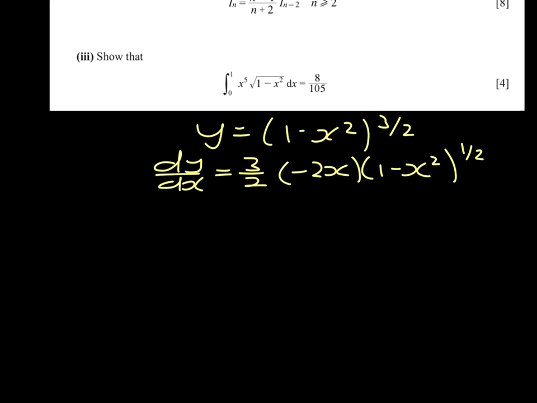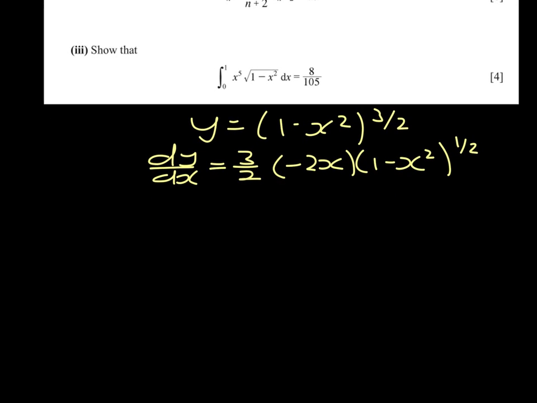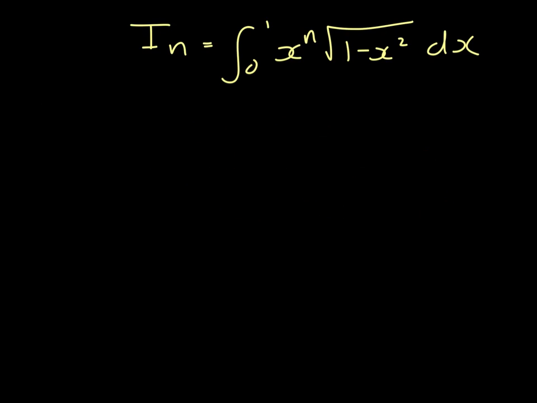So that gives us that dy/dx equals minus 3x upon (1 minus x squared) to the power 1/2.